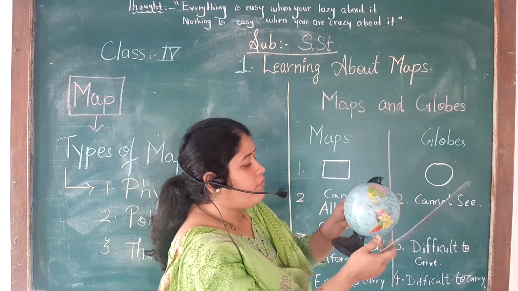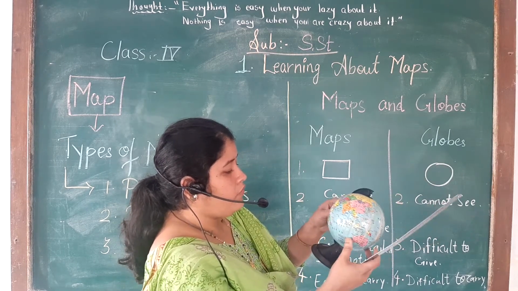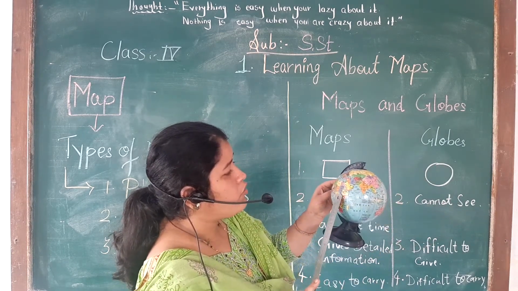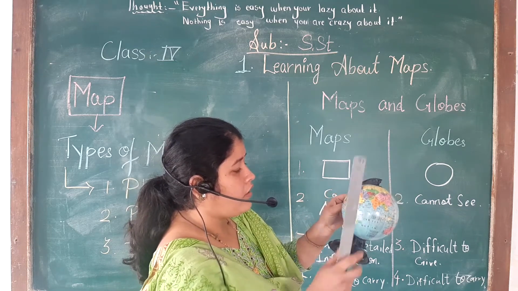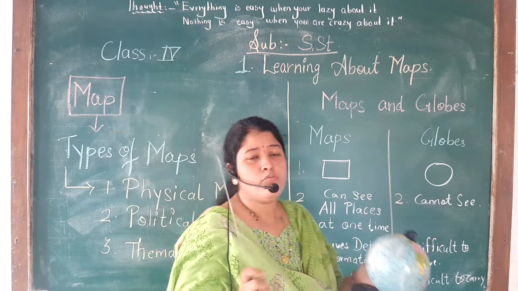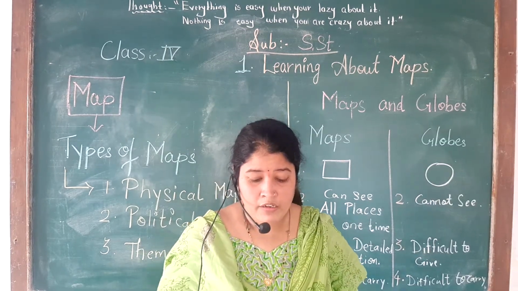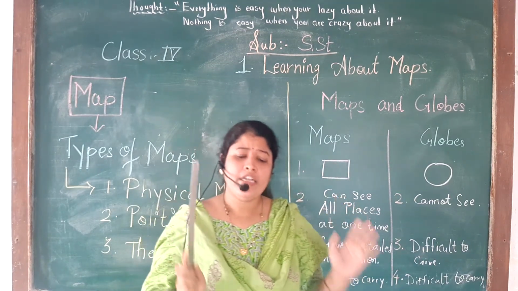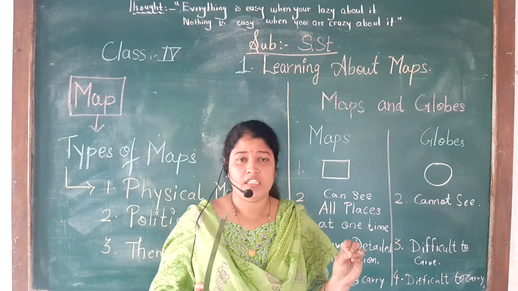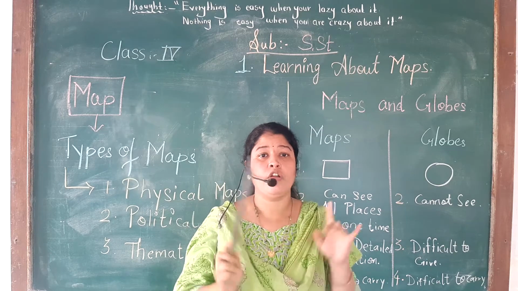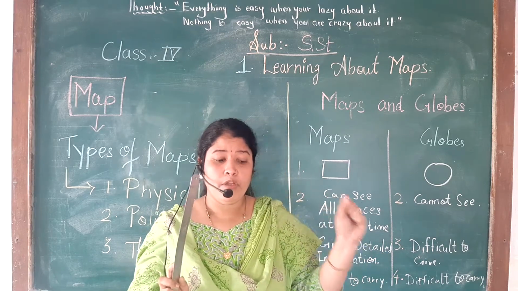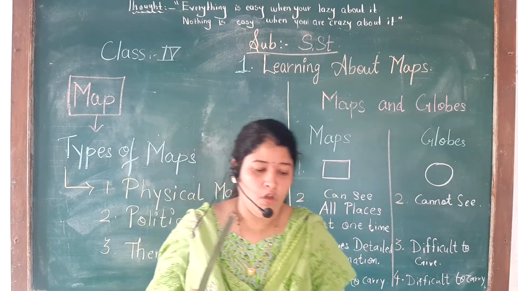Now see, when I am seeing here, I am seeing this portion. So every small thing is not visible. I know this is Africa, there are different states and all, but all small things are not visible. Then a map can provide detailed information about the smallest area. Suppose I want to draw a map of a particular area or particular colony, then I can pinpoint all the small things.